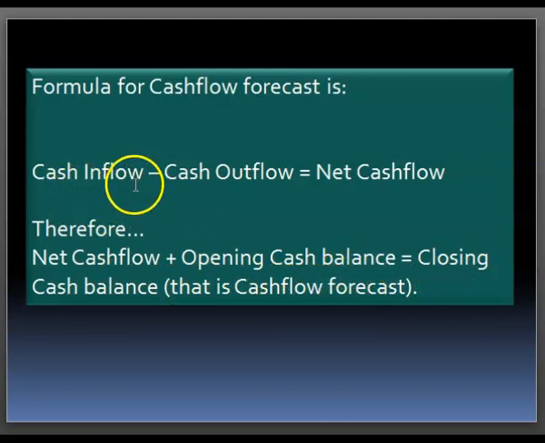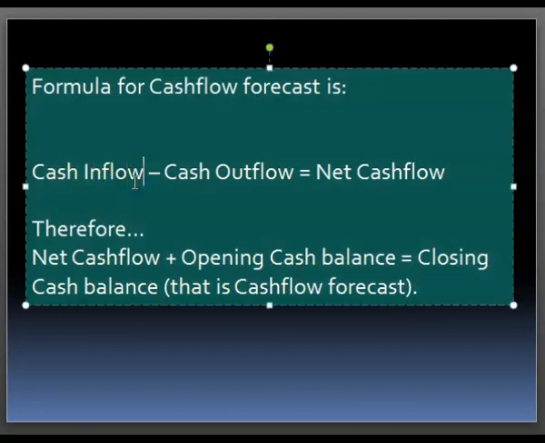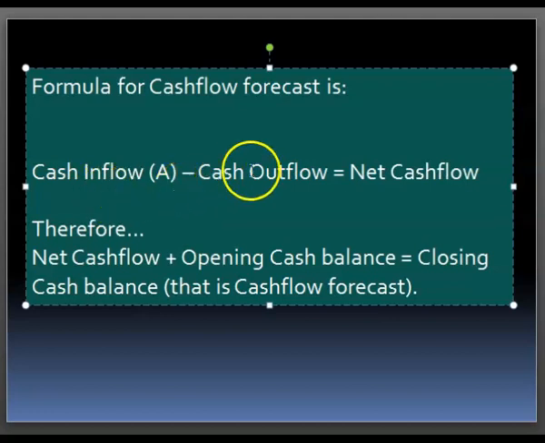So like everything I've been telling you earlier, the cash inflow will be section A, like I showed you earlier, minus cash outflow, which is section B, and that gives you section C, the net cash flow.